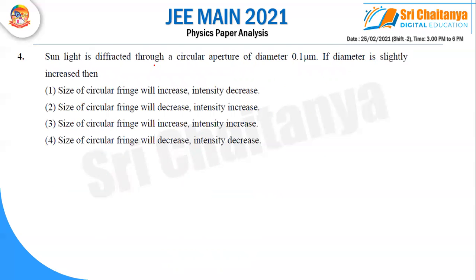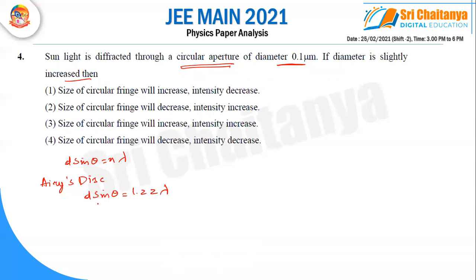Sunlight is diffracted through a circular aperture, circular single slit diffraction. The diameter is 0.1 meter, 1 micrometer. If the diameter is slightly increased, what happens is the question. Now we have d sine theta equals n lambda. This single slit is going to form an Airy's disk, and for the Airy's disk the condition is d sine theta equals 1.22 lambda.